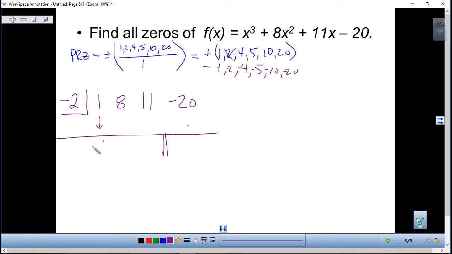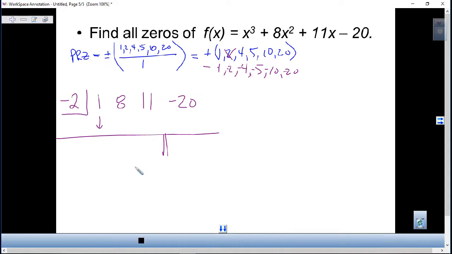And if I try negative 2, I'm going to get a negative 2. Oh, no, I'm not. Pay attention here. I'm going to get a 1 there. I'm going to get a negative 2 here. Add that, I get 6, negative 12, and that's going to give me 1, negative 1, and that's going to give me positive 2, which is not going to give me 0. So I can go ahead and erase that.